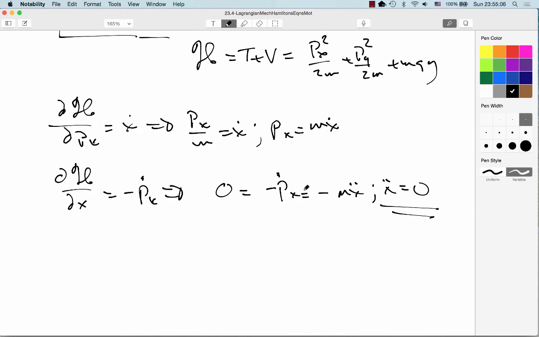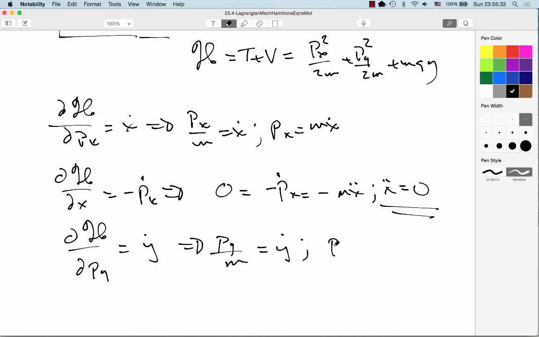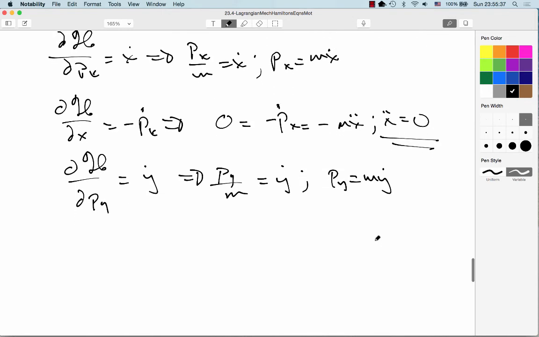Let's do this with the y. Partial H partial py is equal to y dot. That's going to give me py over m is equal to y dot, so py is equal to m y dot, as if we didn't know that already.